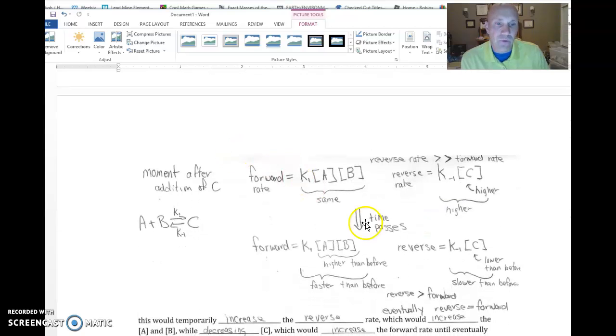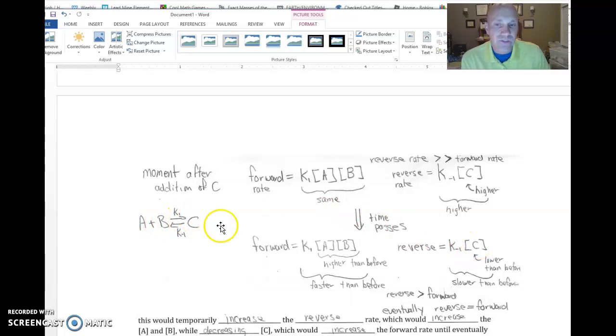All right. So if you let a little bit of time pass, what's going to happen? Well, if you allow this situation to go for a little while, while you have a relatively higher reverse rate compared to forward rate, that's going to tend to drop the concentration of C, because disproportionately more of the C is going to A and B than the other way around.